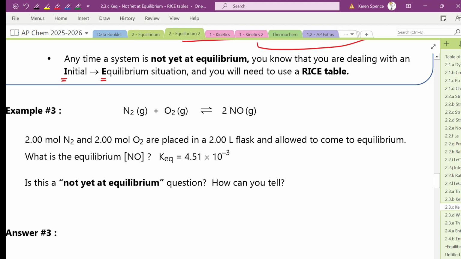So read this next question and tell me if this is a not-yet-at-equilibrium question, and how can you tell?